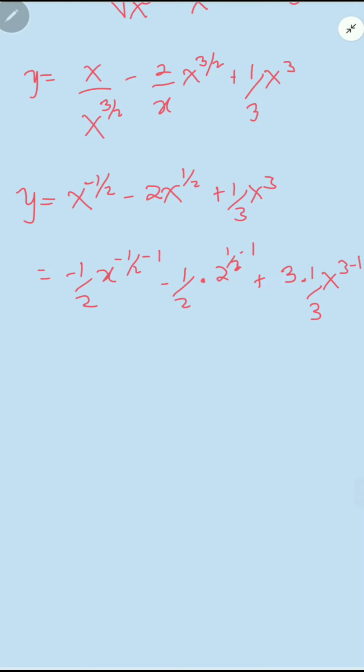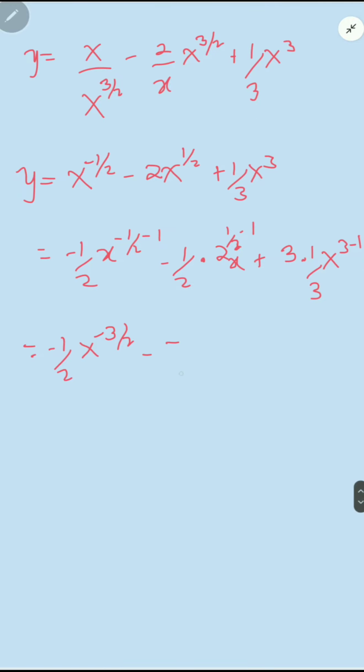Okay, now negative half minus 1 gives us negative 3 over 2, so we'll get negative 1 over 2 x to the power negative 3 over 2 minus, so the 2 and the 2 cancel, leaving us with a negative, sorry, there's x here, leaving us with negative x to the power negative half.